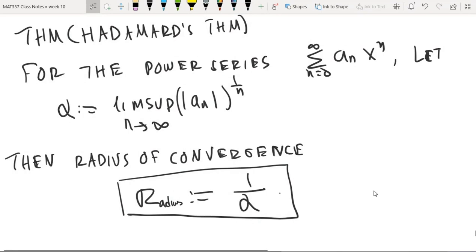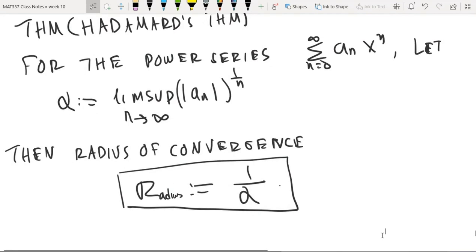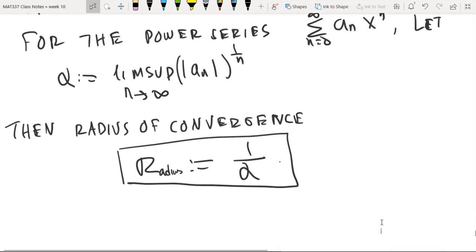That's a good question, but no, here we will always have a unique radius.